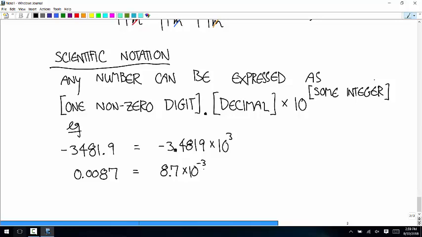Well, if the zeros are all at the end of the number and before the decimal, they don't count as significant figures. If they're after the decimal, they're always significant figures. And these rules are a little cumbersome to use. If you have a number written in scientific notation, it's simply every digit before the times 10 to the whatever is significant, and that's the end of it. It's really easy.